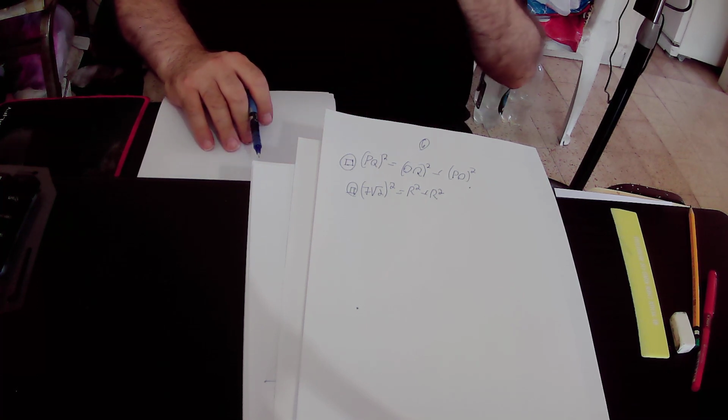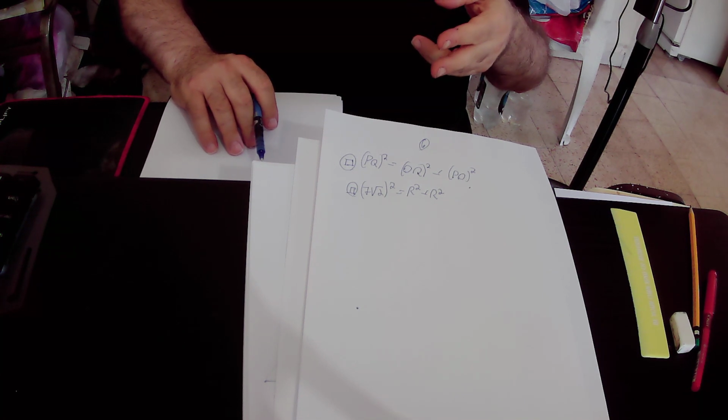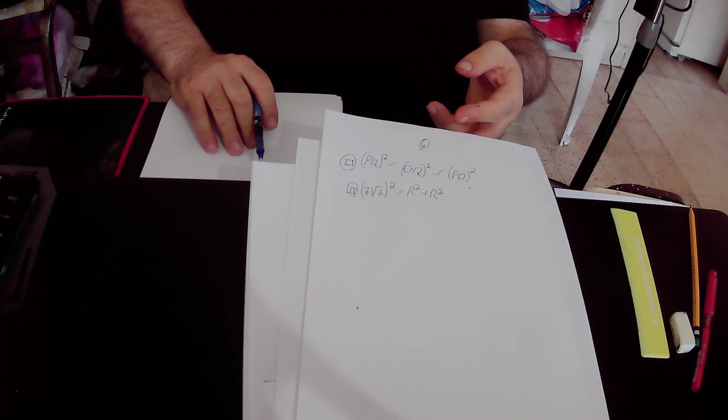R square plus R square equals 2 times R square, and 7 root 2 square equals 49 times 2.